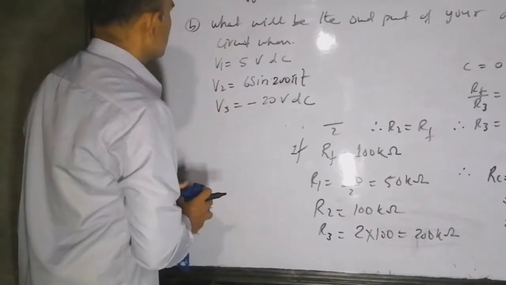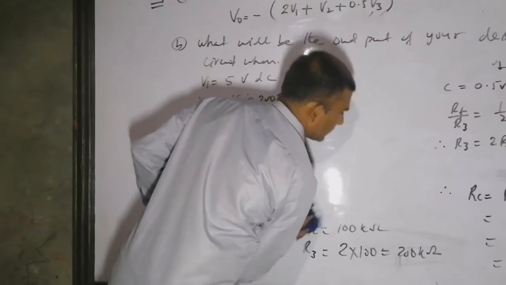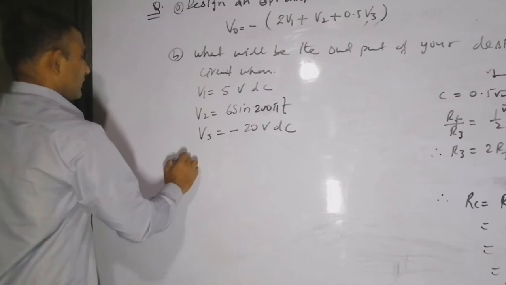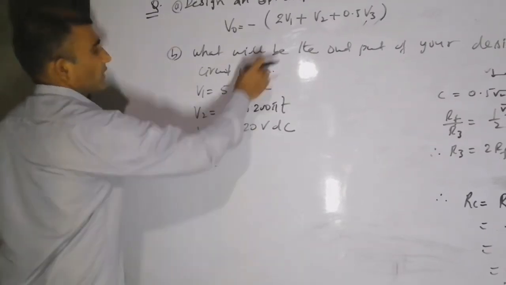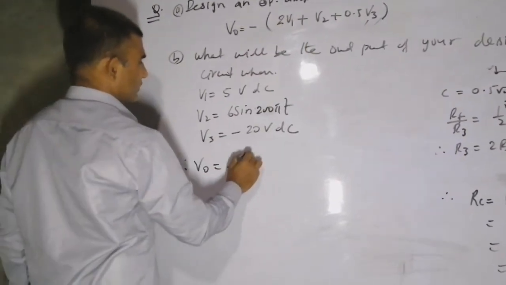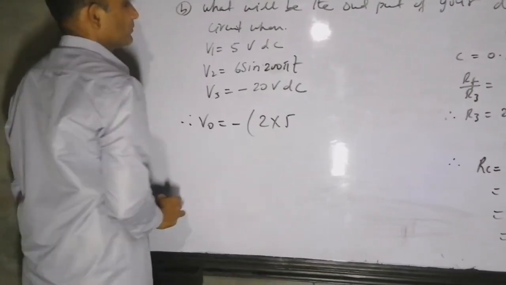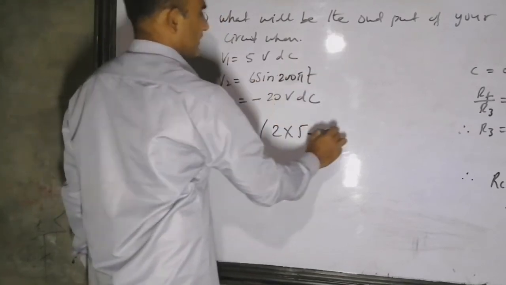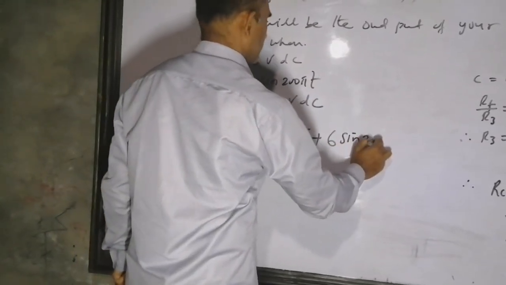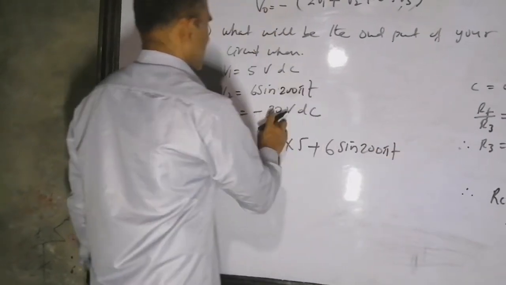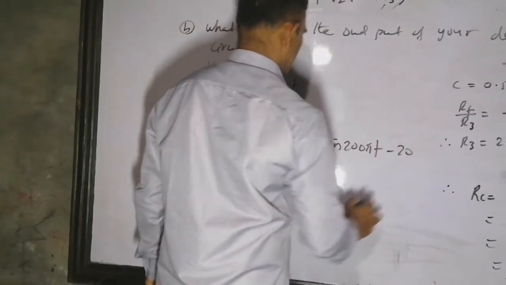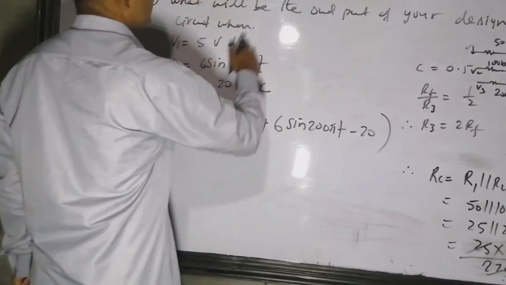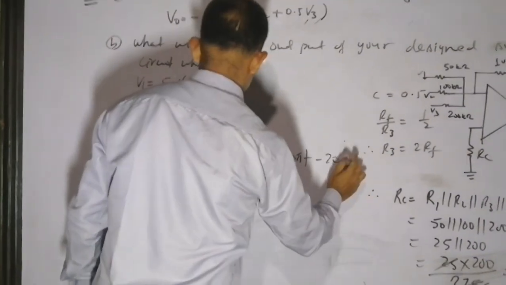This is not a very difficult task, it's very easy because I have already got that relation. So the output of our amplifier will be equal to 2 times 5 plus V2, which is exactly this 6 sin 200 pi t, and this is minus 20 times 0.5.